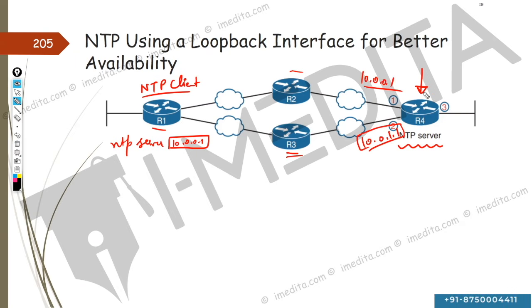If we configure R4 with a loopback interface, let's say interface loopback 1, and we configure this interface with an IP of, let's say, 10.10.10.10.